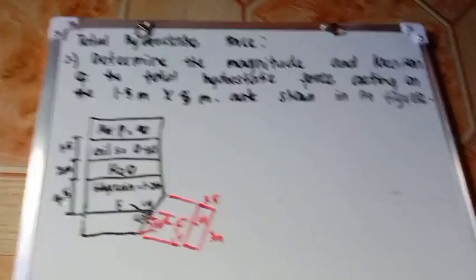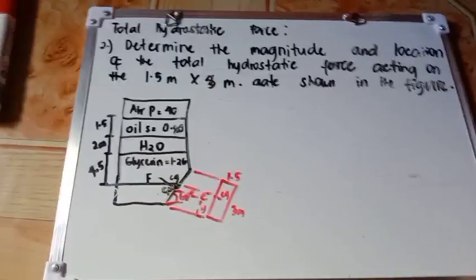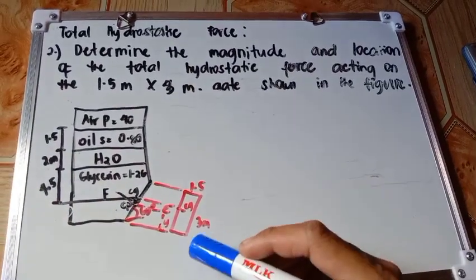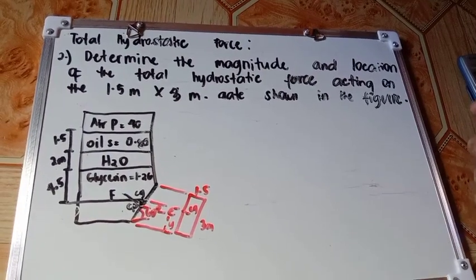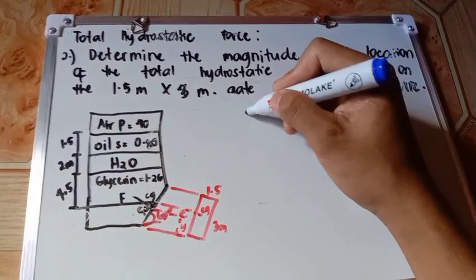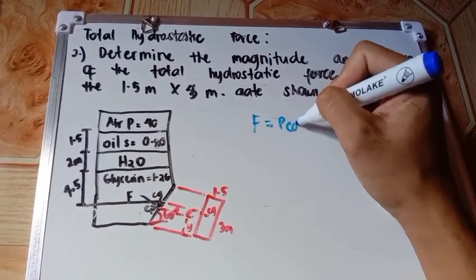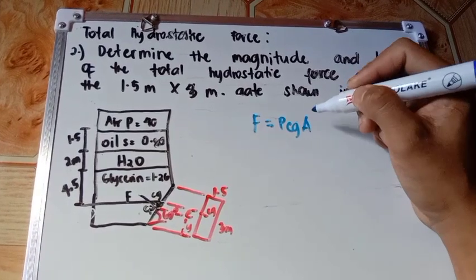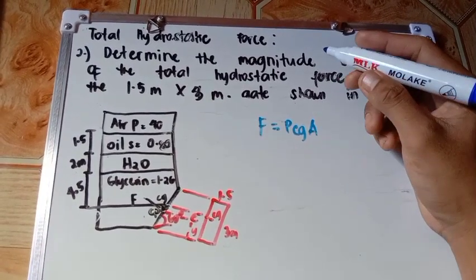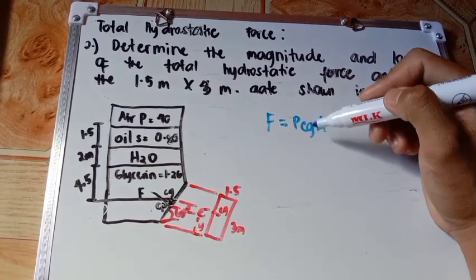Since in finding the total hydrostatic force, the specific gravity is given, so atong formula nga gamiton is force is equals to PCG times the area. Di man ta makakuha din sa force since ato pa i-find ang PCG.